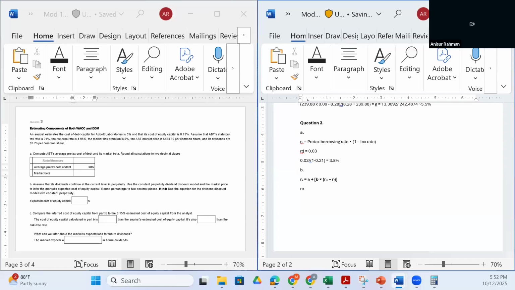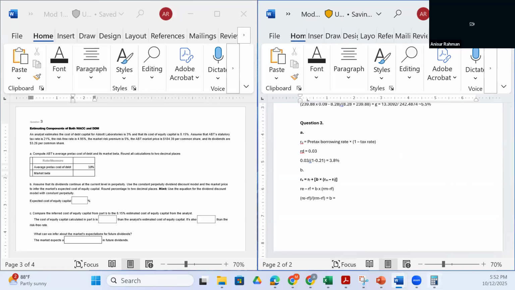So we'll keep RE, bring RF from the right-hand side, and then we have beta times market return minus risk-free rate. We have to find beta, so we are going to divide both sides by RM minus RF. So we will have RE minus RF divided by RM minus RF. That will be our beta.